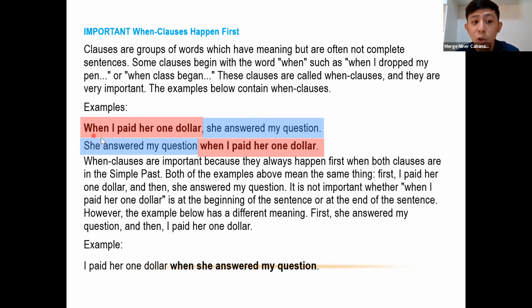Okay, the first one: when I paid her $1, she answered my question. According to my rule right here, when clauses always happen first. So if that is the case, when I paid her $1, she answered my question. Which do you think happened first? When I paid her $1 or the answering my question?